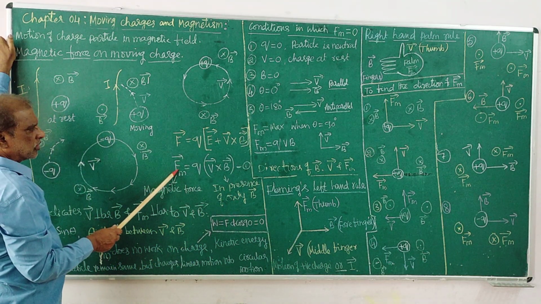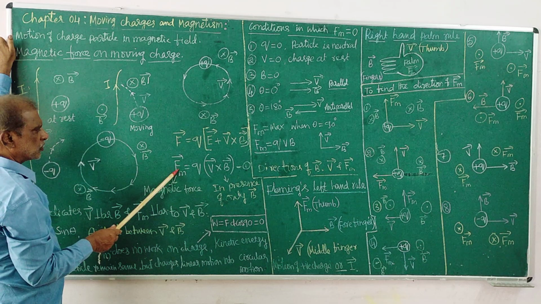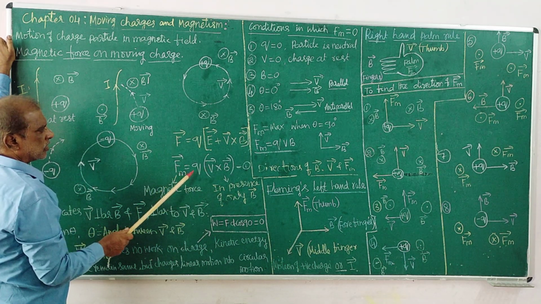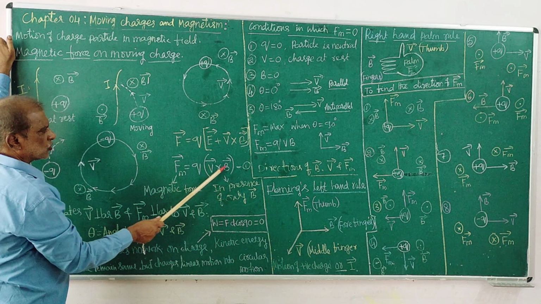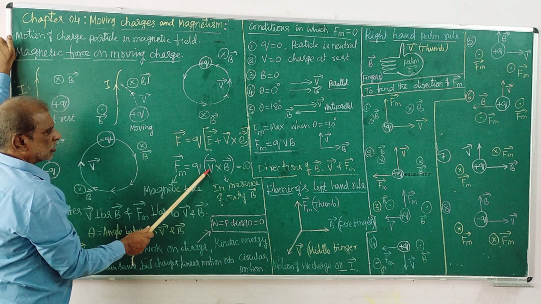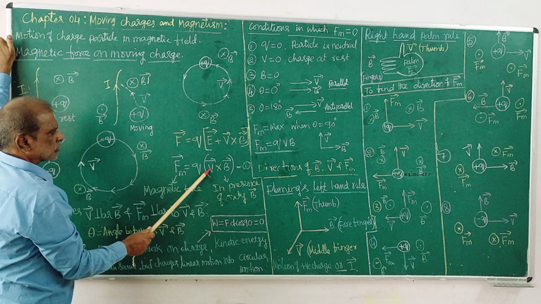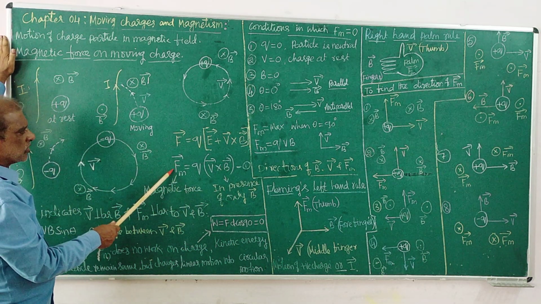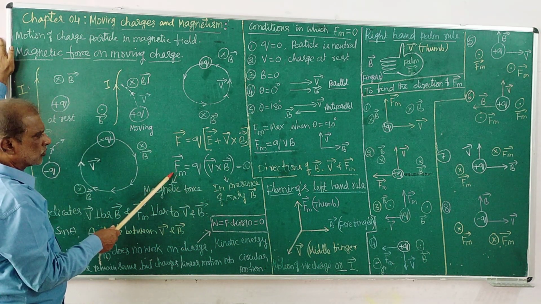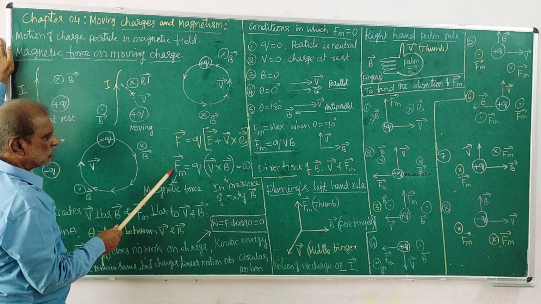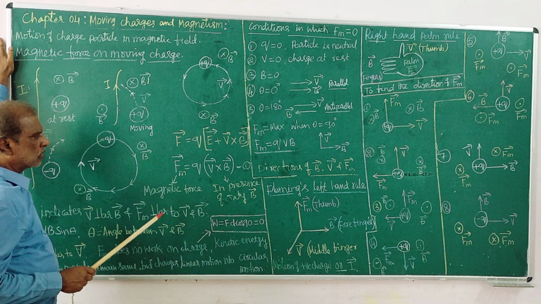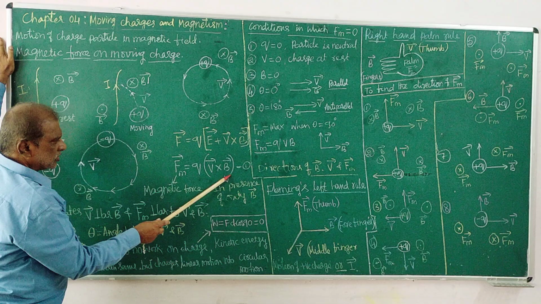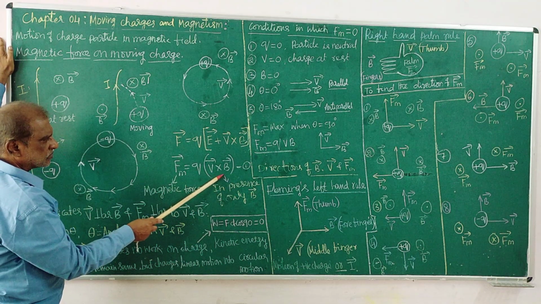It has both direction and magnitude. There are two vectors, and the other vector is the product of these two vectors. The product is a cross product, and the resultant vector is a force vector. This resultant vector is perpendicular to both of these vectors, which is the property of the cross product.